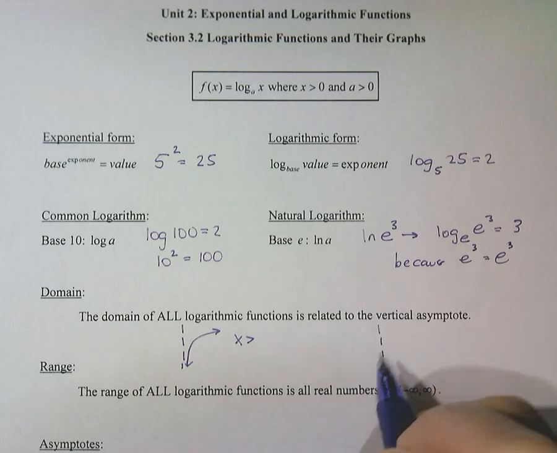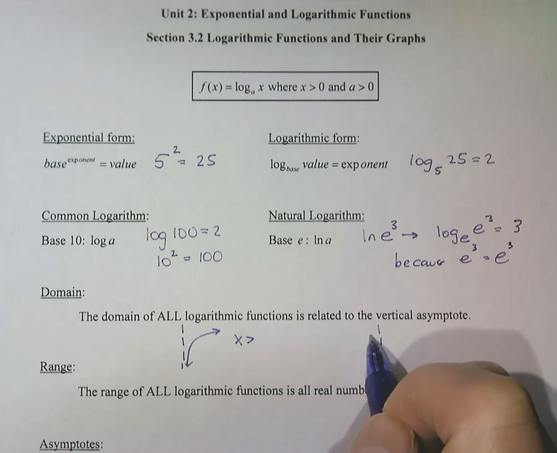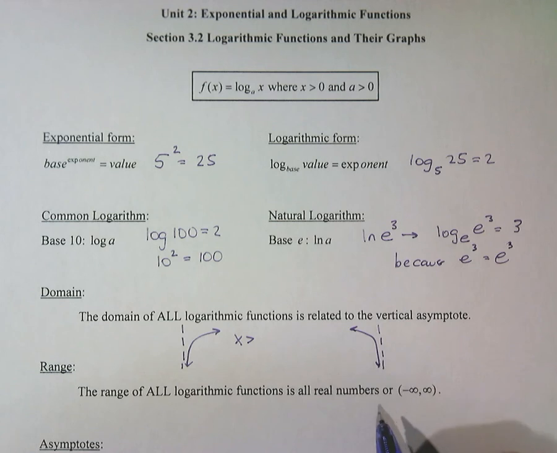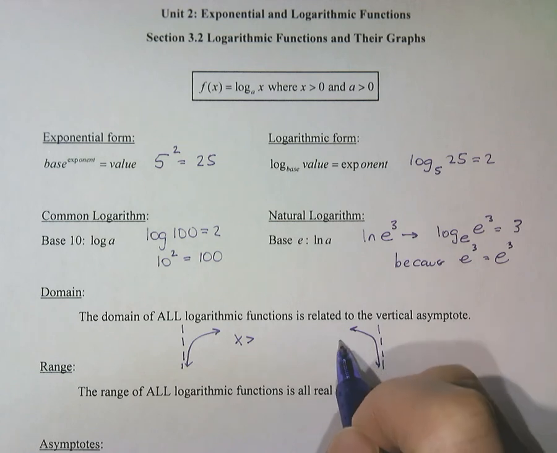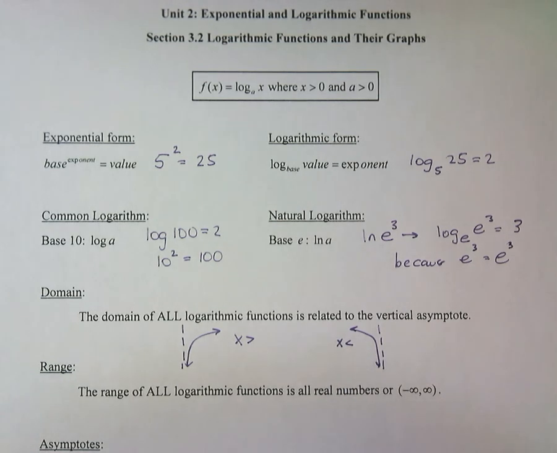If my vertical asymptote is here, and I graph my logarithmic function in this direction, then it's going to be x is less than whatever my vertical asymptote is. And no matter what, the range is going to be all real numbers. This goes down forever and it goes up forever.